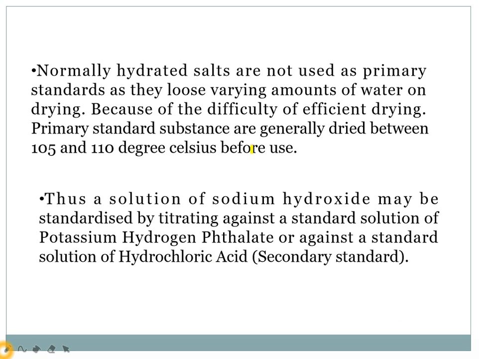Sodium hydroxide, since it has a hygroscopic property, can be standardized by titrating against a standard solution of potassium hydrogen phthalate or against a standard solution of hydrochloric acid. Here potassium hydrogen phthalate is a primary standard, and the solution of hydrochloric acid is a secondary standard.